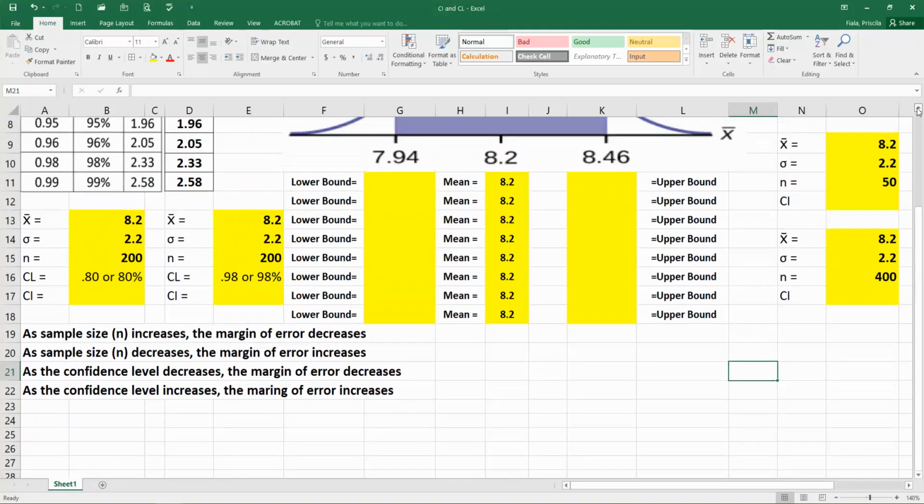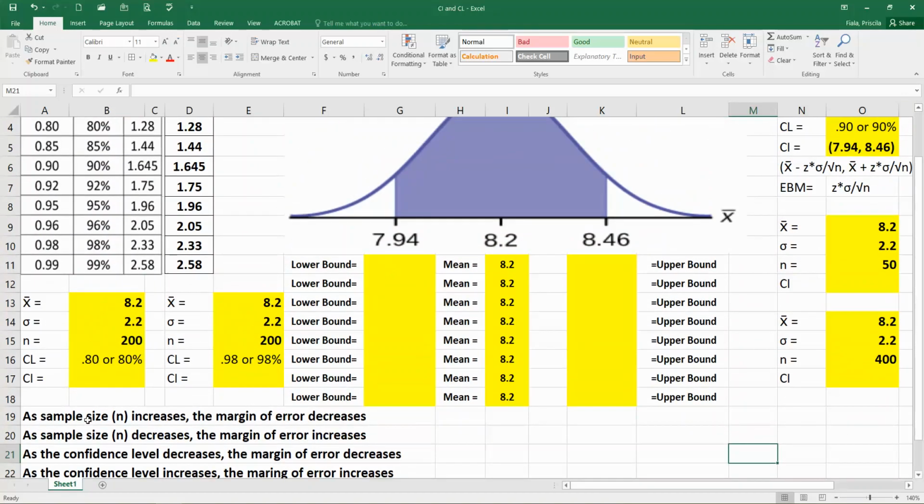When you're answering a question, always think that as the sample size increases, the margin of error decreases. One goes up, one goes down. So this is the relationship right here.